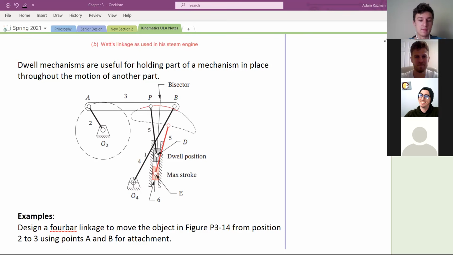So dwells again are just kind of useful in designing machinery. If you look at this coupler curve here, when the crank turns and this connecting rod goes from point P to point B, this piston will basically be in about the same position. Okay.